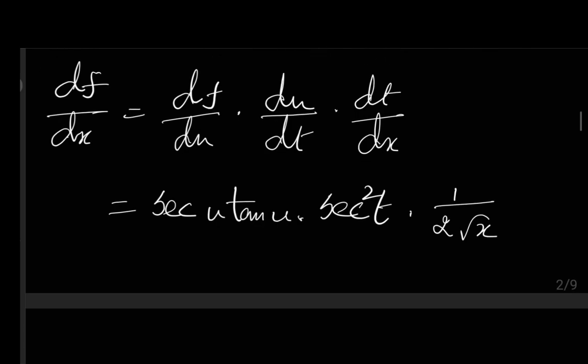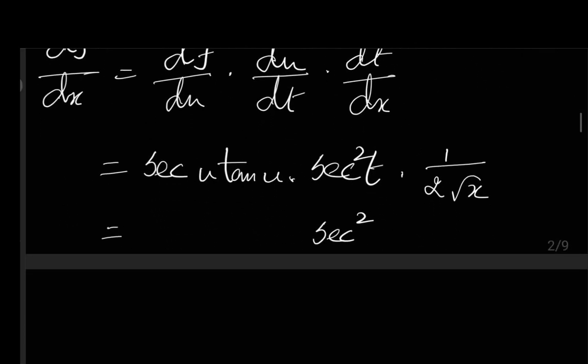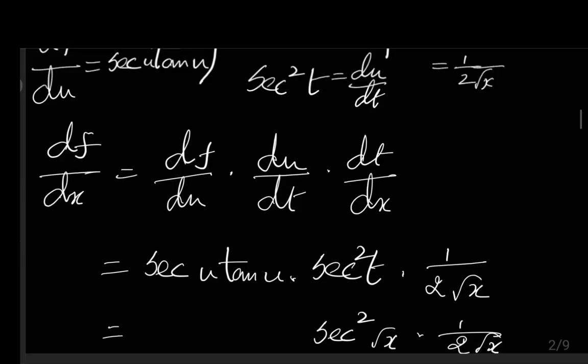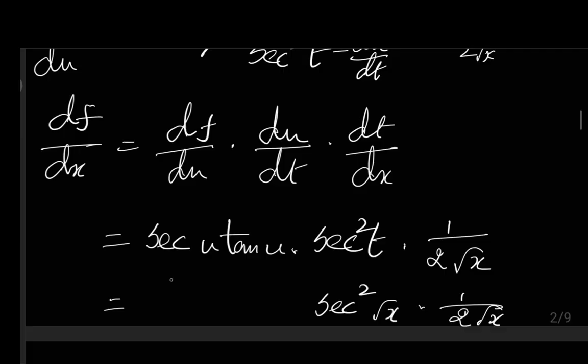We have to give the answer in terms of x. t we have taken as root x, so secant squared root x, times 1 by 2 root x. And u is tan t, so secant of tan t.